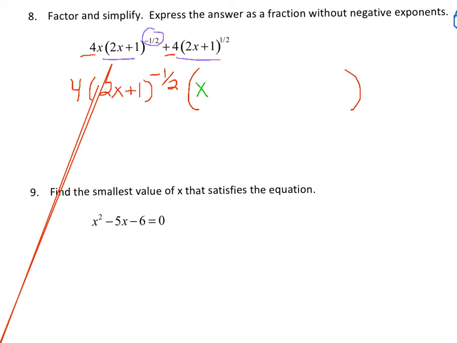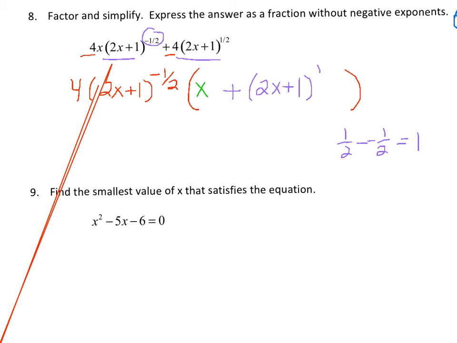Okay, with the next term, that 4 is gone, and since I factored out the -1/2, that 2x plus 1, we want to subtract a -1/2 from it. So 1/2 minus a -1/2 becomes a 1. So we're just left with 2x to the first power.